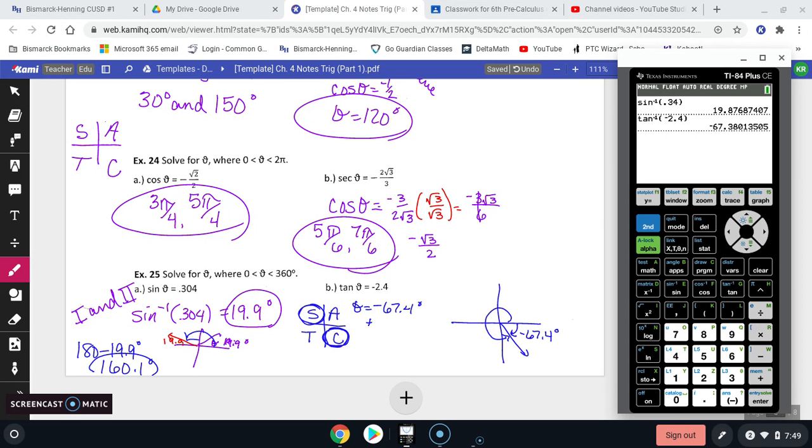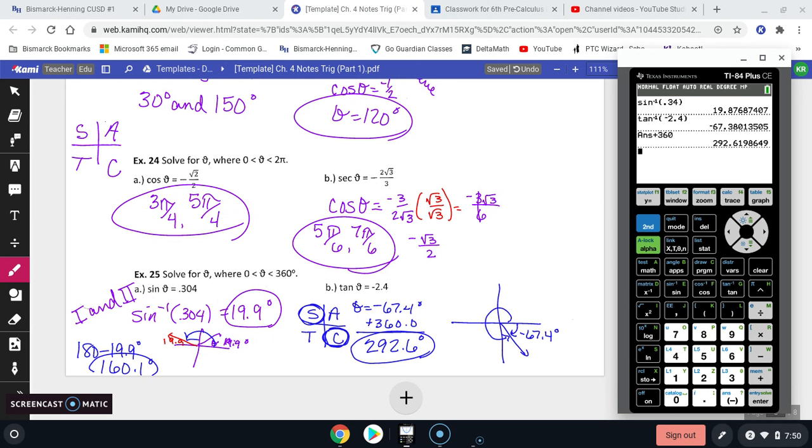So I would need to add 360 degrees. Okay, remember we talked about coterminal angles. This is where we need that skill. So instead of a negative 67.4, if I add 360, so plus 360, 292.6 degrees. So there's my angle measure in the fourth quadrant.